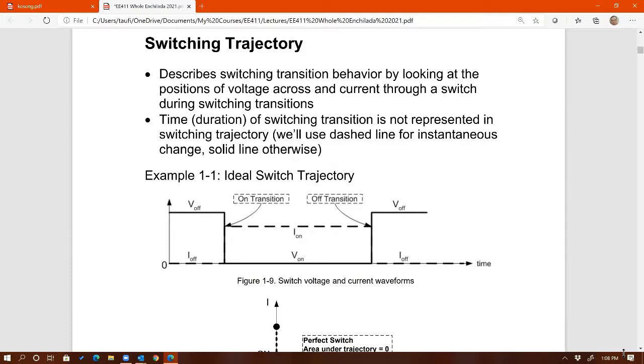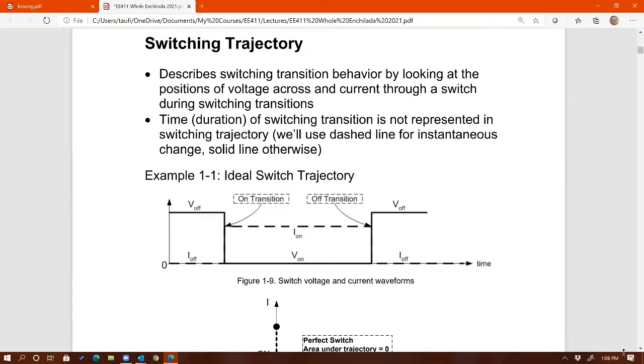This is a concept that I believe is important for us to understand the solutions to minimize switching losses later. Okay, so let's talk about switching trajectory.